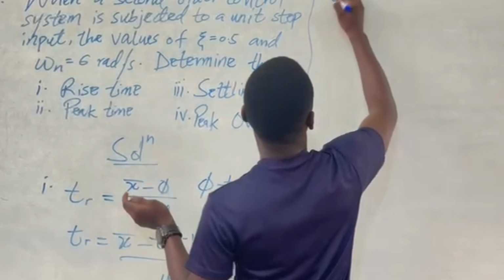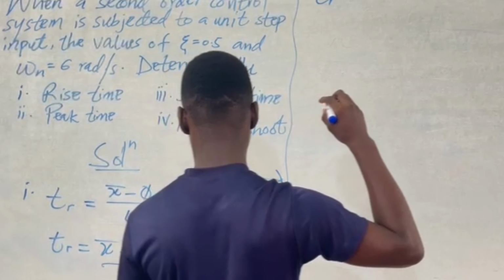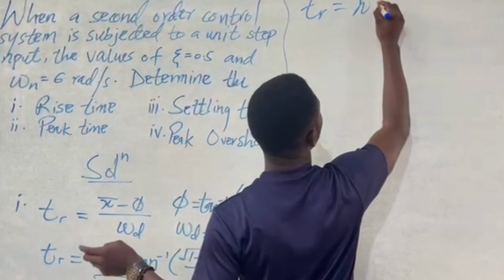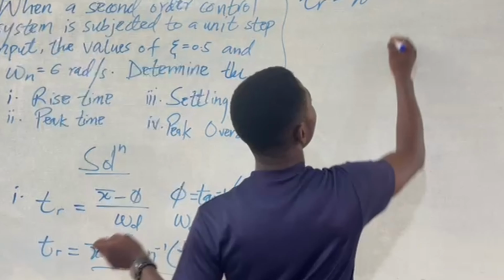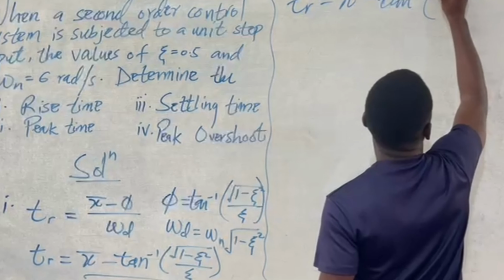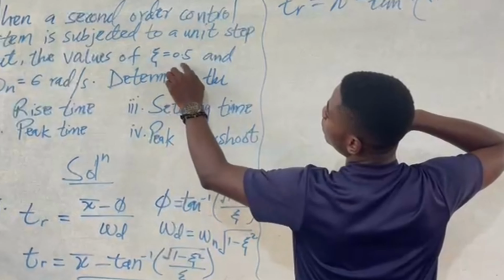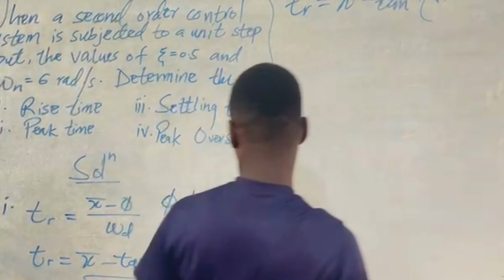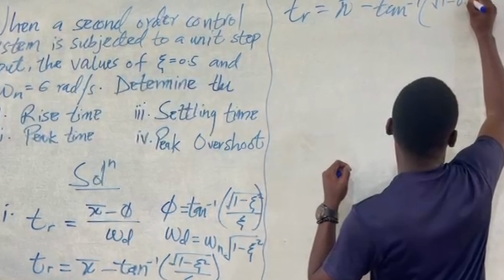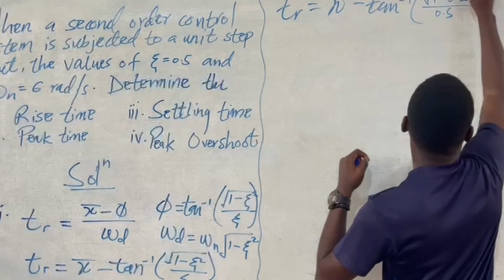So we are just going to substitute these values into our equation to find our rise time. We have pi minus tan inverse of the root of 1 minus zeta squared, where zeta is 0.5. 0.5 squared is 0.25, all divided by 0.5.